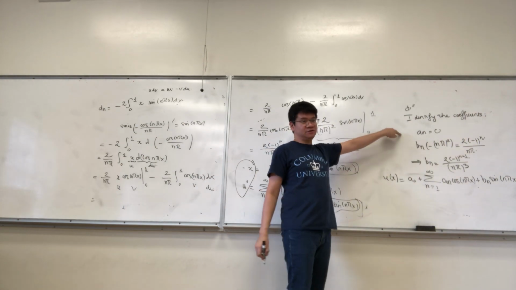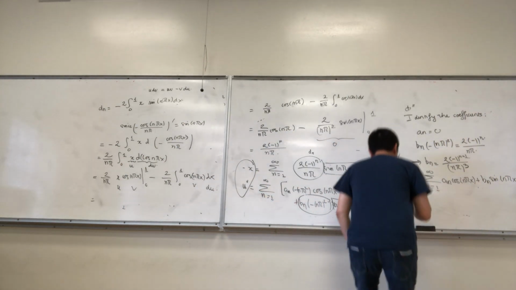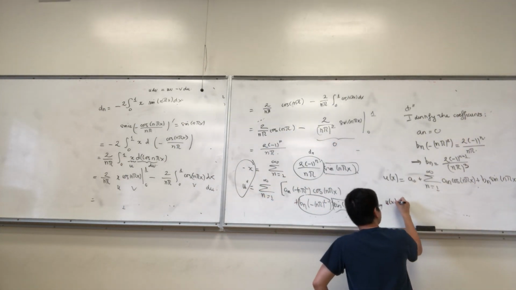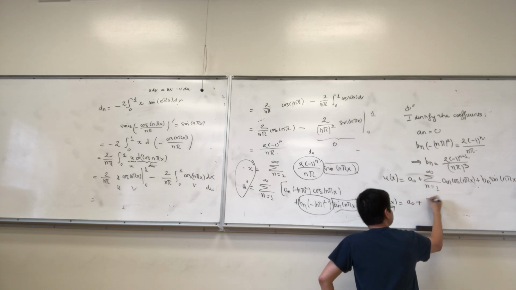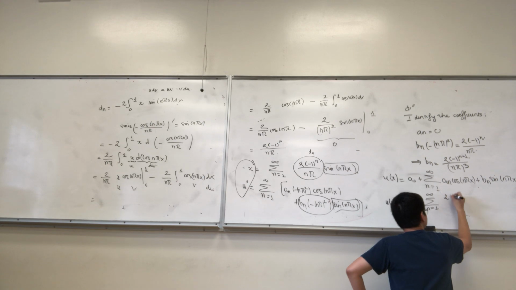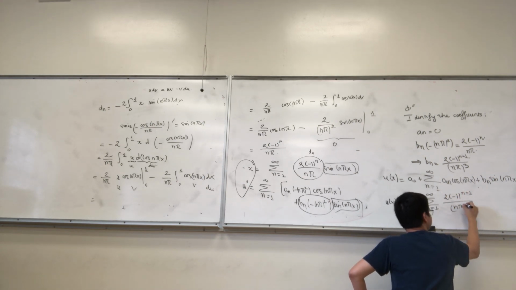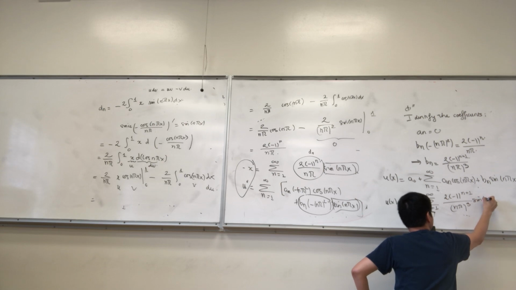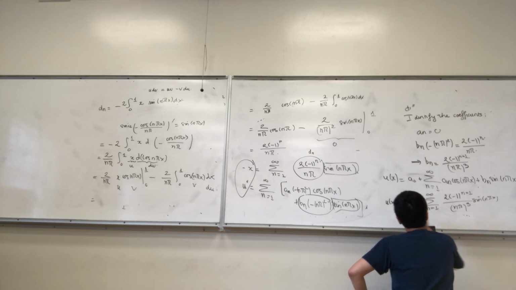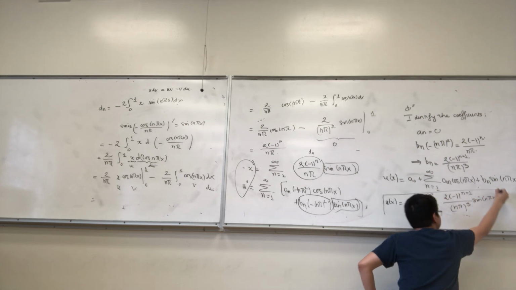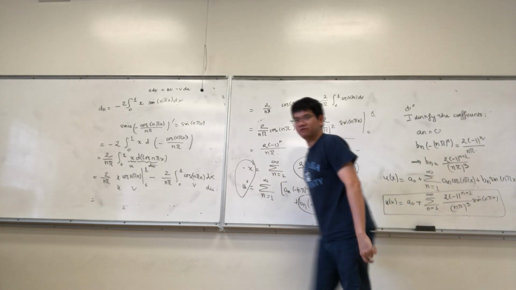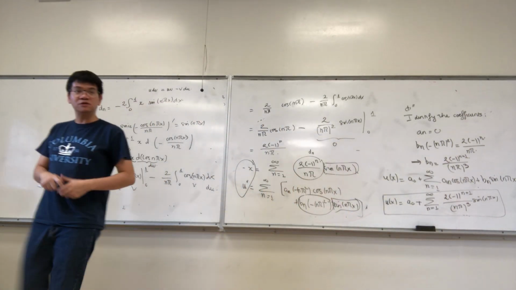So you know that An is 0, Bn is this guy, so I plug it there. So the solution will be a0 plus the sum when n is going from 1 to infinity of 2 times minus 1 and plus 1 over n pi to the power 3 sine n pi x. A0 can be anything.